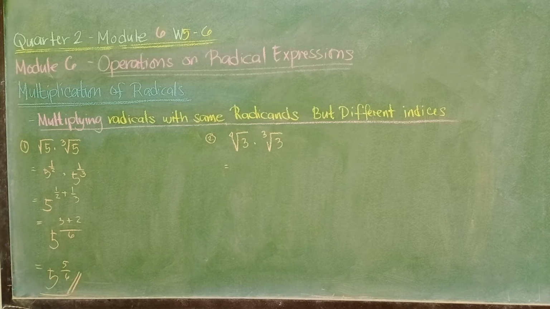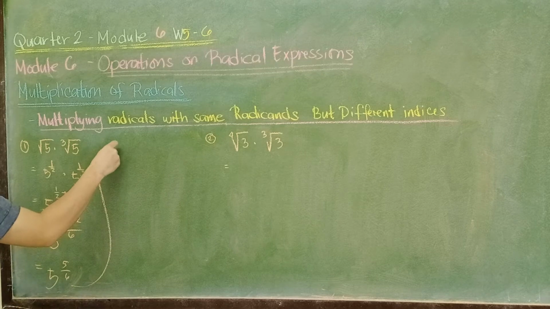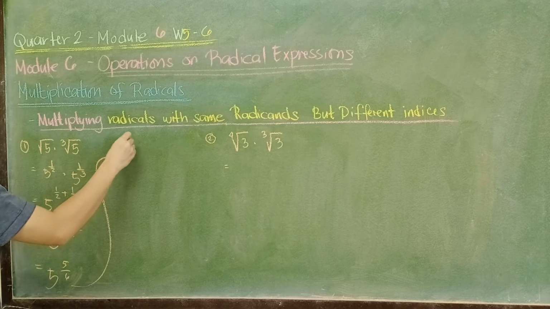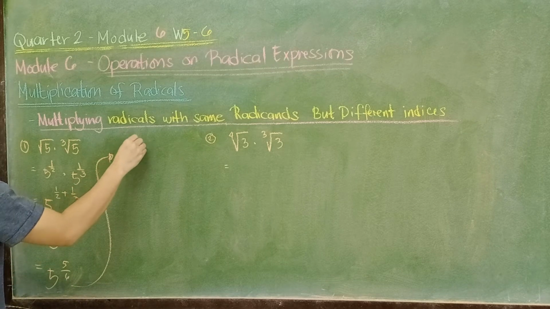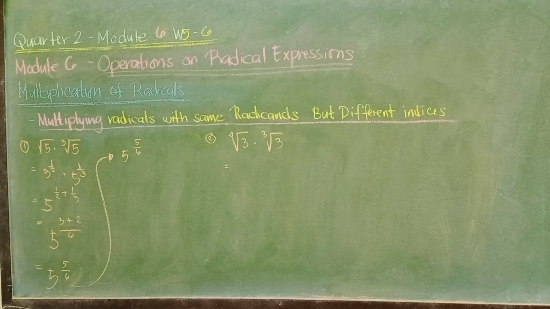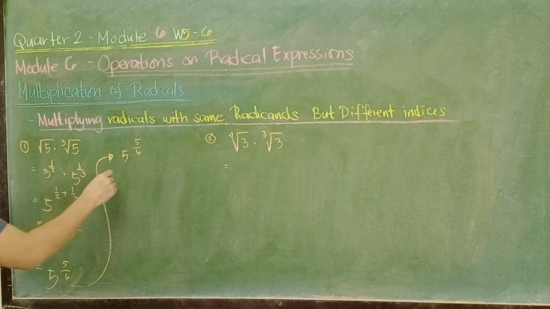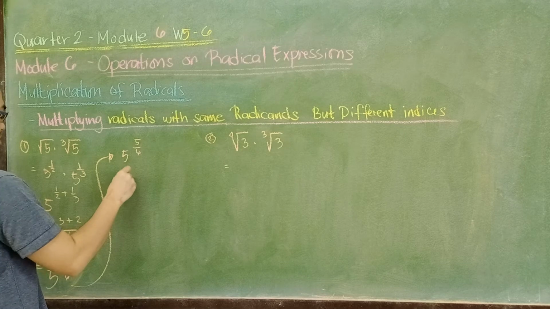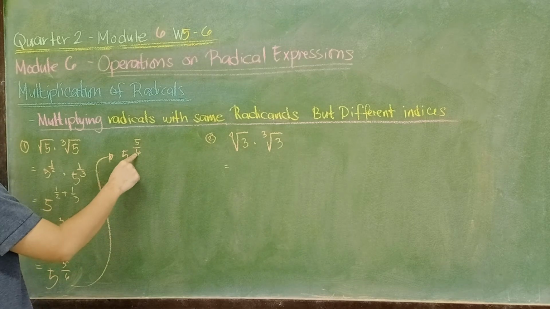Pero hindi pa ito yung final answer natin. Ganyan lang yung solution para ma-simplify. And then now you have 5 raised to 5/6. Ngayon ibabalik natin siya sa pagiging radical expression. Yung 6, yung denominator ng exponent, siya yung magiging index.